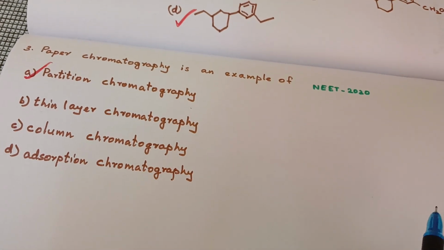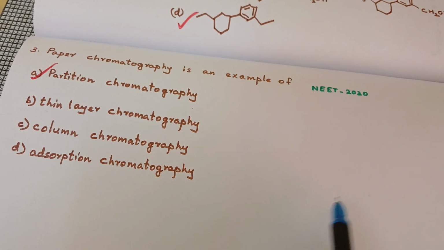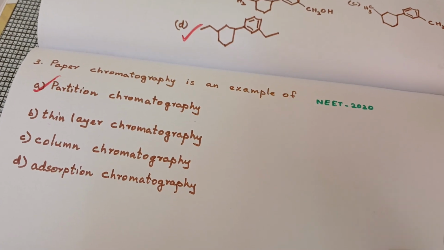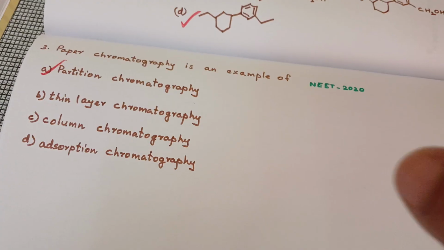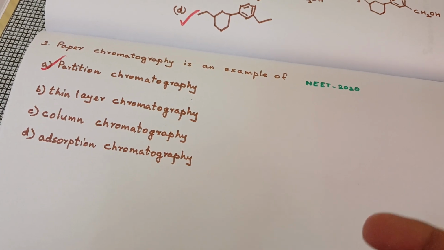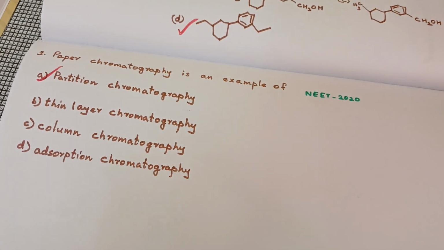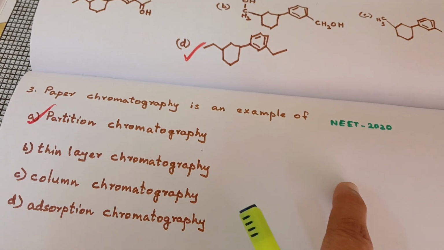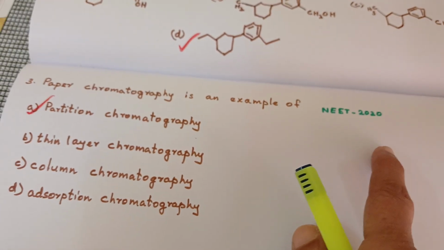So it depends on the relative affinity of components to the two phases. If it is more soluble in the solvent, it will move up fast. Or if it is more soluble in water which is trapped in the cellulose paper, it will move slower, and thus the two components can be separated. So paper chromatography is an example of partition chromatography. That's a NEET 2020 question.